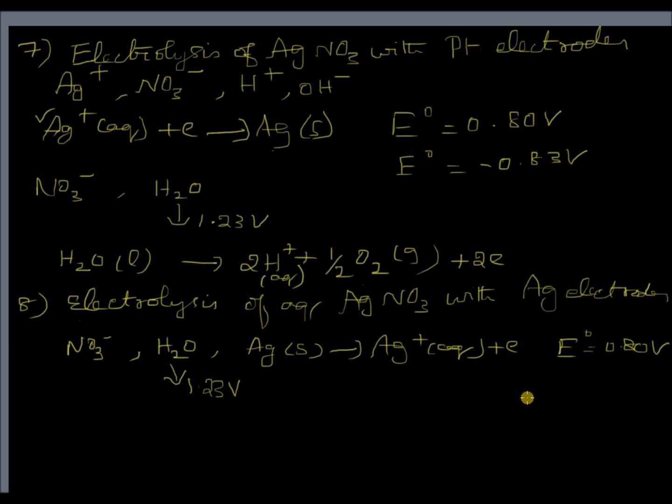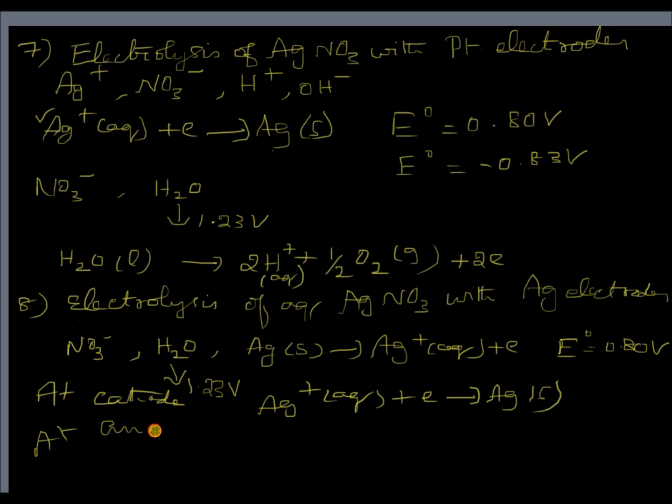So the reaction at cathode, let me write now separately, at cathode it would be Ag+ aqueous to form Ag solid, and at anode Ag solid forming Ag+ aqueous plus an electron. Is that clear?